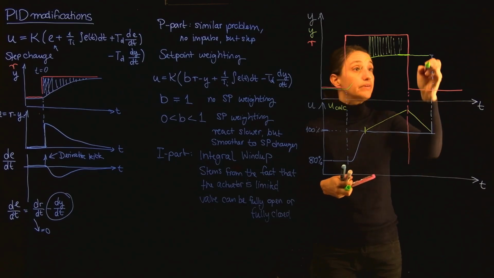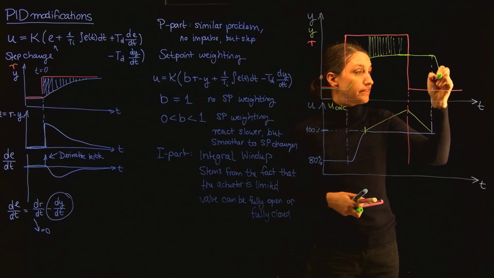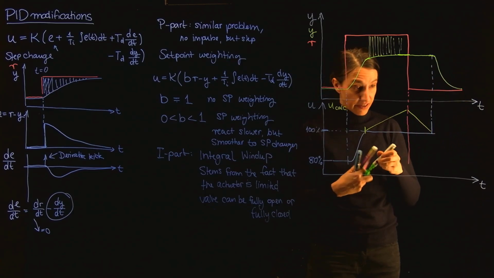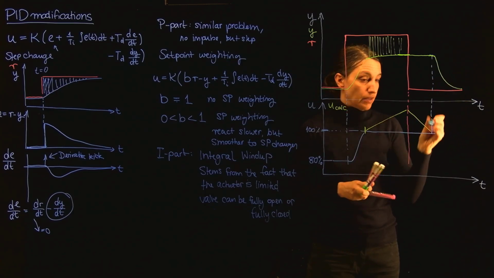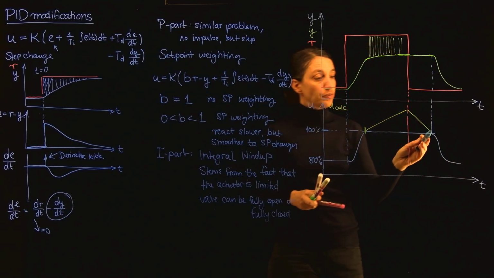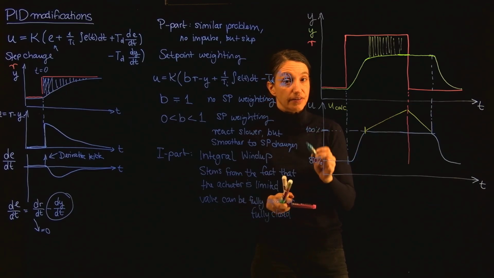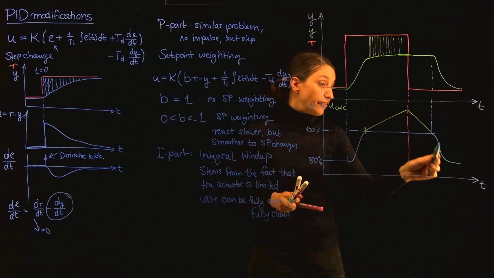So what's going to happen if I carry on integrating is, here then it's going to go down, because here finally my controller output has come down from this really large value that is above 100%. And then things work again.